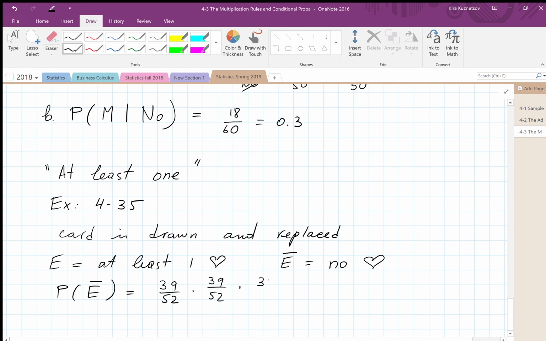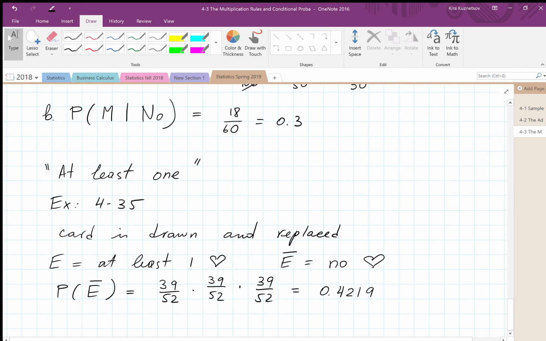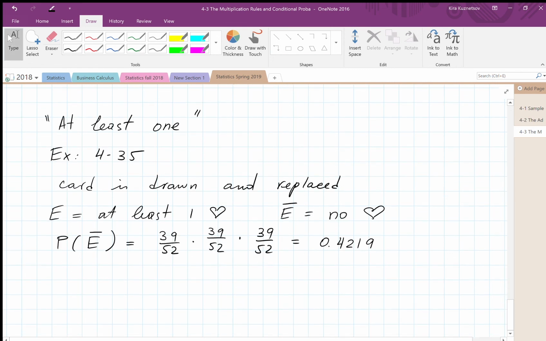Getting the last one is exactly the same thing. So all I'm really doing is taking out my calculator and computing 39 out of 52 raised to the power of 3. I'm approximating to 4 decimal places, so 0.4219.